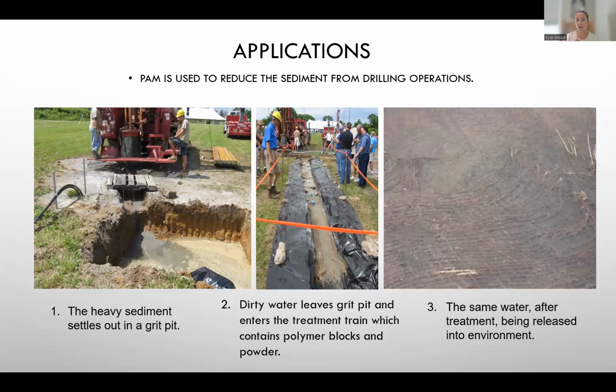But if we get up to tens of thousands, then that water will likely require either a pre-treatment, a pre-settling, or a dilution before we can use something like a flock log, because it's going to take over those flock logs, and it requires such a high dosage to flocculate all that turbidity. So we want to settle out heavier sediments if we can, using a settling pit like they did here.